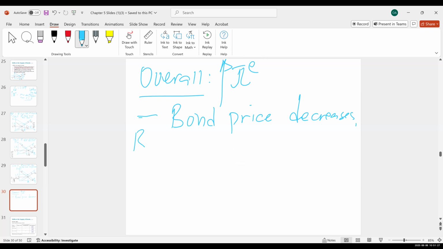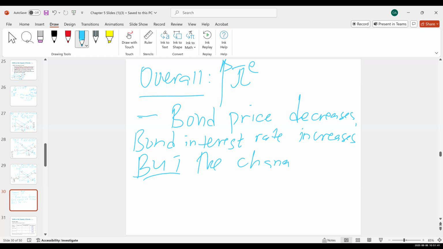Bond interest rate increases. But the change in equilibrium quantity is ambiguous.